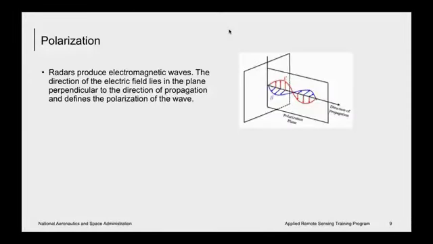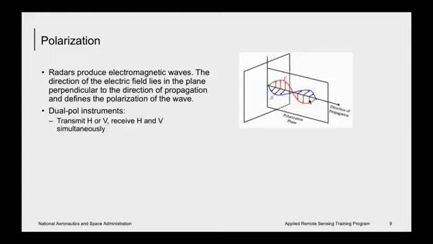So radars produce microwaves. They are electromagnetic waves. And the direction of the electric field lies in the plane that's perpendicular to the direction of propagation. And that's defining the polarization of the wave. In our case here, we're going to talk about two different types of polarization, vertical and horizontal.